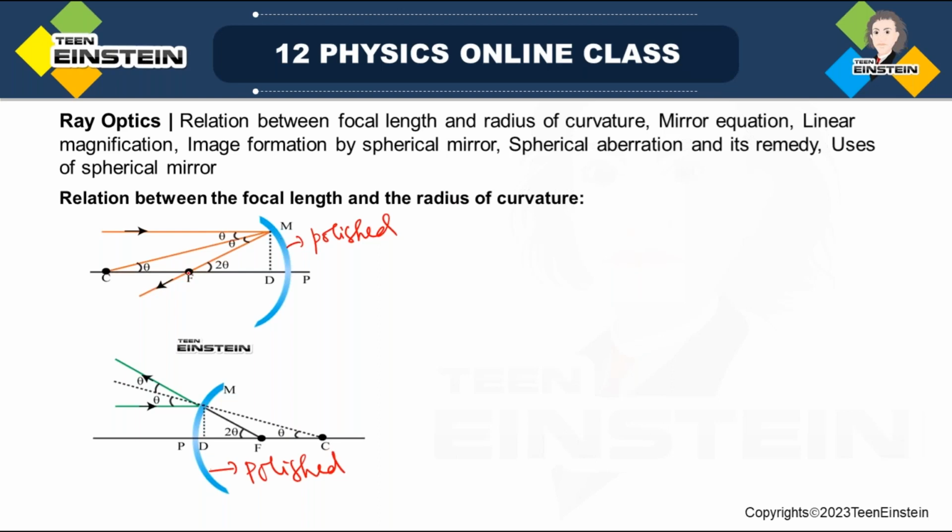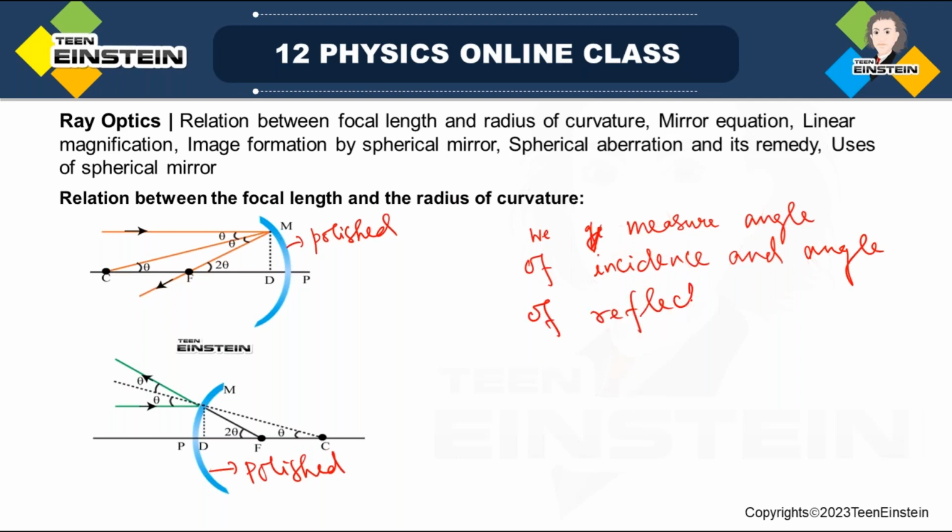Anyway, what I'm trying to say is that we measure the angle of incidence and the angle of reflection with respect to the perpendicular or normal.